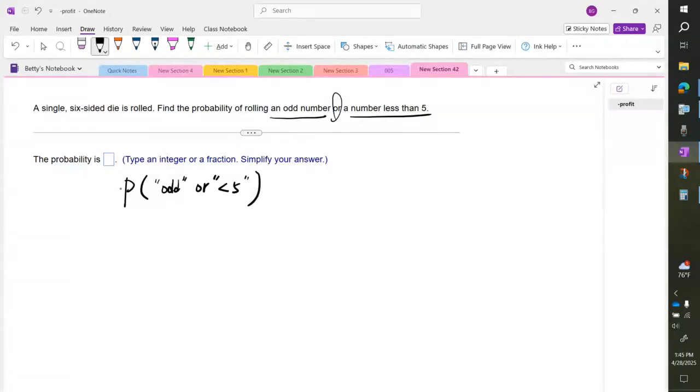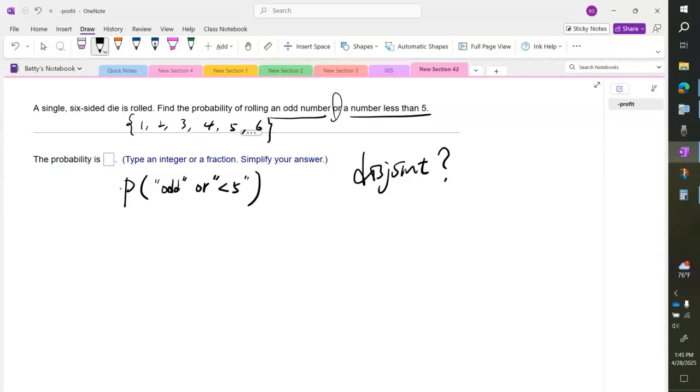Do you remember how do we apply the addition rule? First thing to consider is to determine if the two events are disjoint. Is it possible for them to happen at the same time? Consider the sample space of rolling a six-sided die.